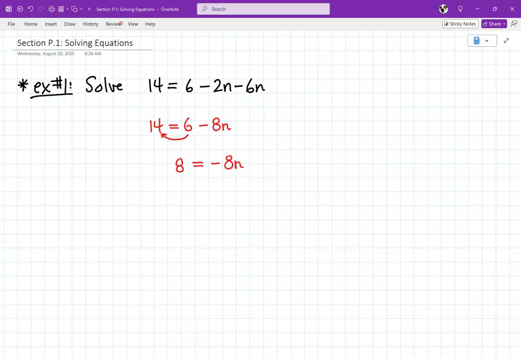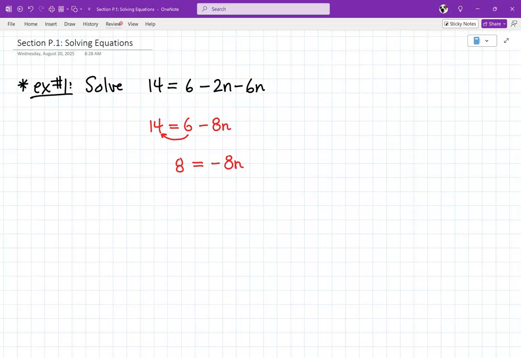So this +6 becomes a -6. 14 minus 6 is 8. Okay, it's not too much by Algebra 2 for teachers to expect you guys to be able to do mental math now. Now if you don't like to do mental math and you need a calculator, feel free. There's nothing wrong with it. I'm just telling you, a lot of times we expect you guys to do the math mentally now.